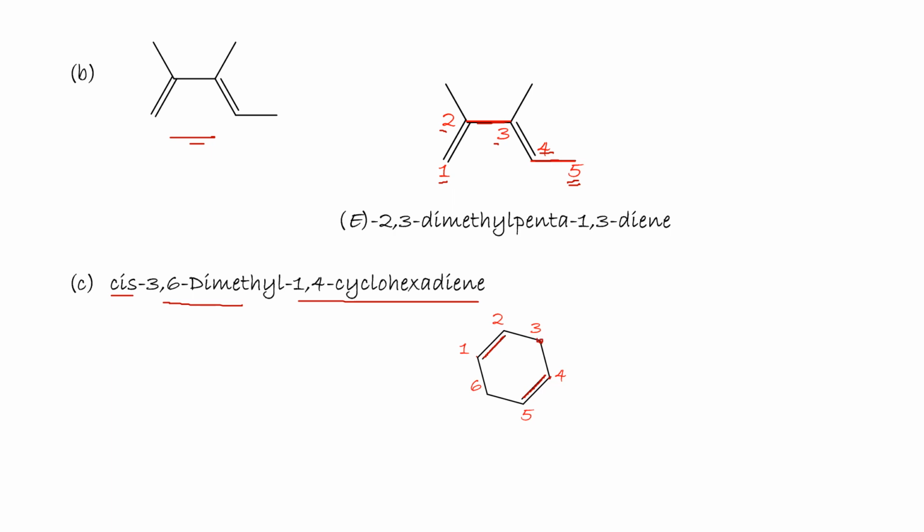On 3 and 6 we have dimethyl cis to one another, so that means they are in the same direction. So if we draw them both below the plane, it is correct. Both of them up the plane is also correct, and this is the structure.